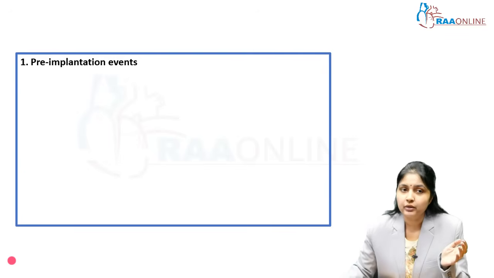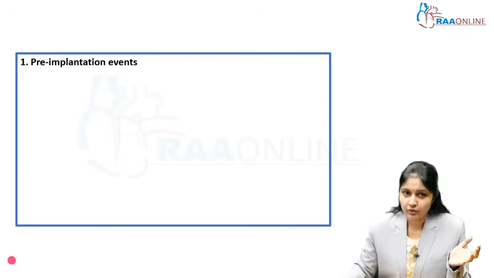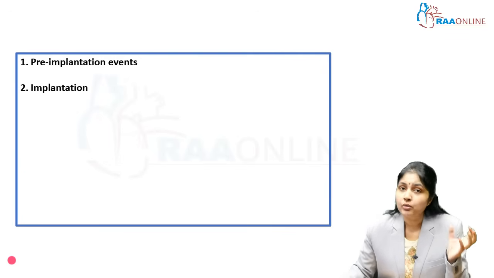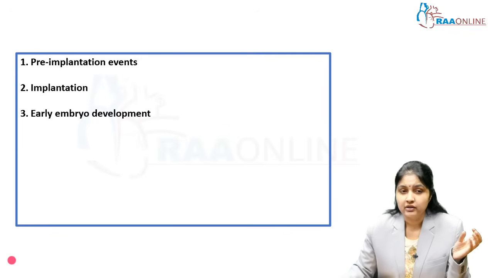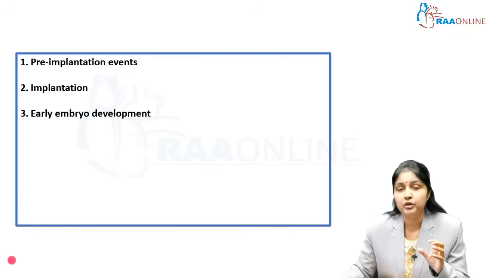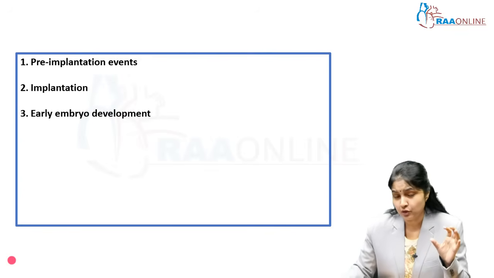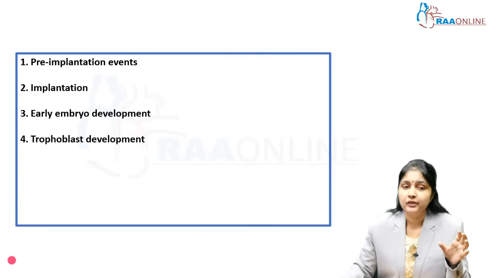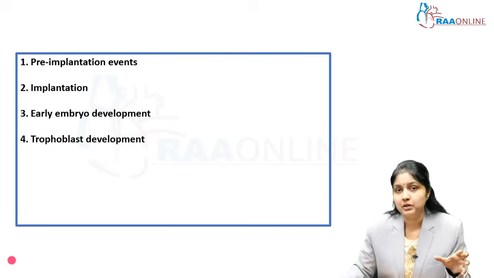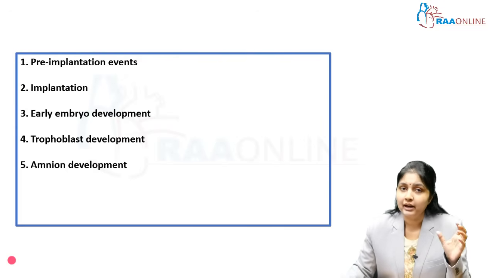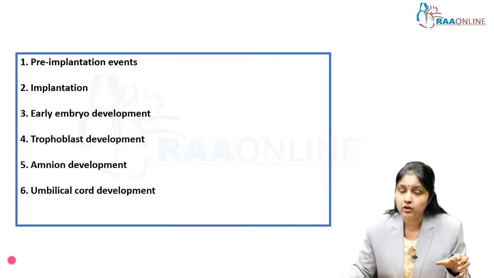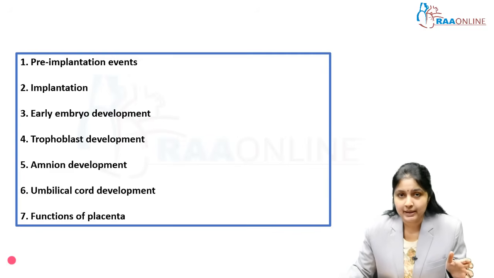We'll look at what happens just before implantation, how implantation occurs, and the early embryo development, just the first few days, which we won't look at in too much detail. Then we'll go on to the trophoblast development, which gives rise to the placenta. Then we have the amnion and umbilical cord development, and we'll end with the functions of the placenta.